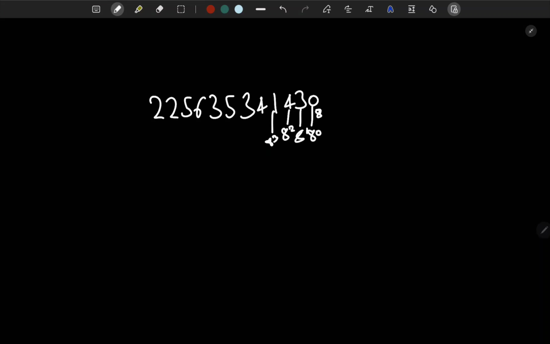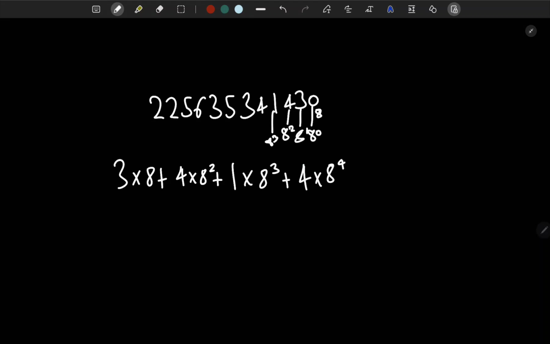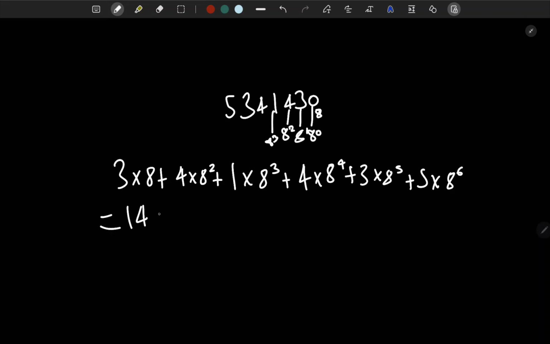The first one is going to be 0, and we're going to start with 8 times 3, plus 4 times 8 to the power of 2, plus 1 times 8 to the power of 3, plus 4 times 8 to the power of 4, plus 3 times 8 to the power of 5, plus 5 times 8 to the power of 6. Actually this is going to be too big of a number, so I'm going to cut it off from here. And this will give you the answer of 1426200, and this is your final answer.